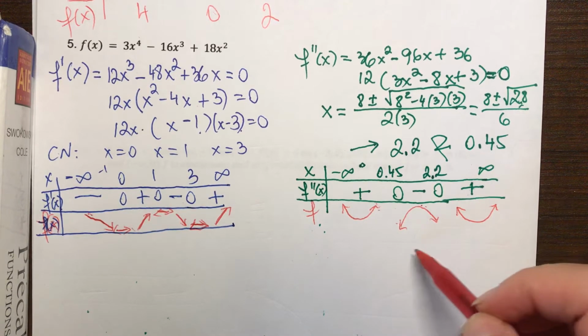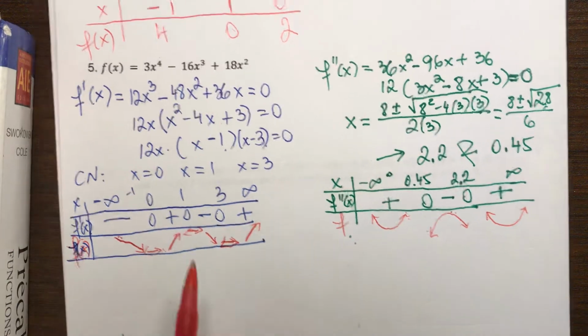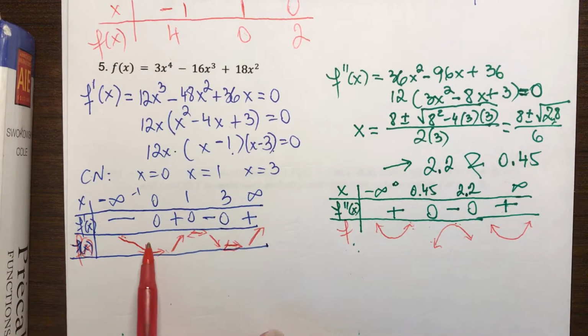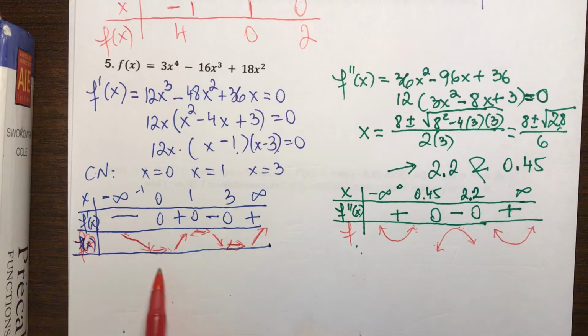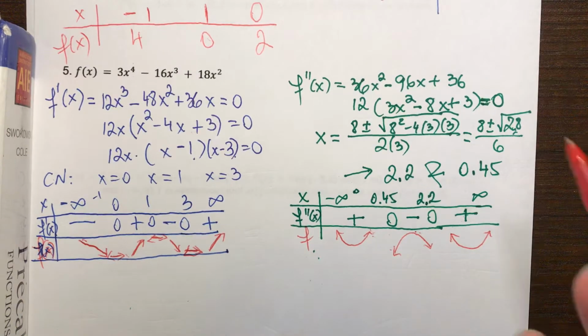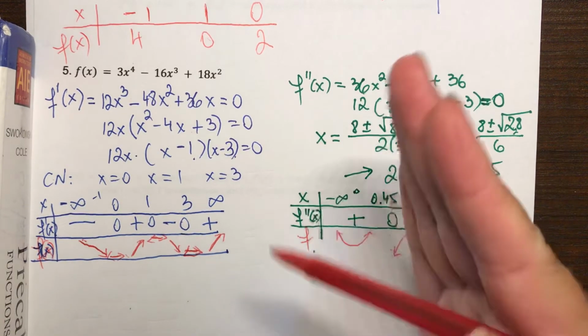It doesn't mean the graph evens out. So like in the case of a first derivative, okay? If the first derivative is equal to 0, it means you have a horizontal tangent line. If the second derivative equals 0, it simply means that you have a possible change in inflections, okay?